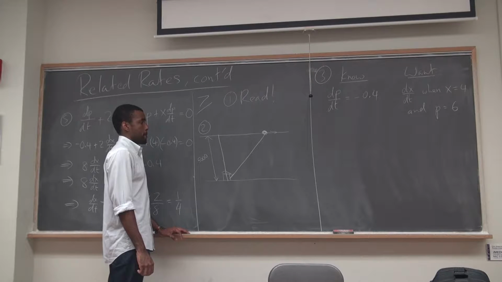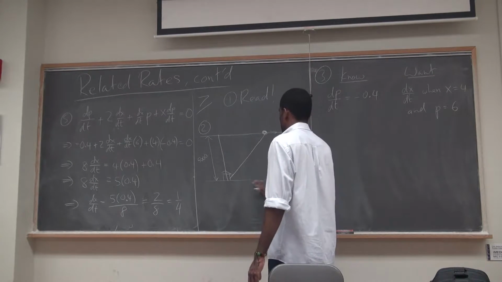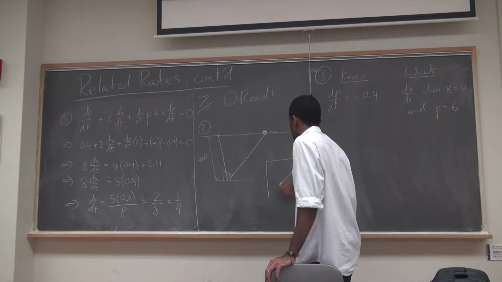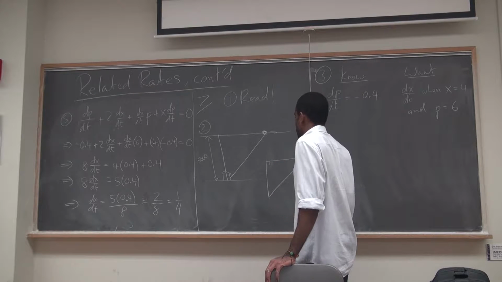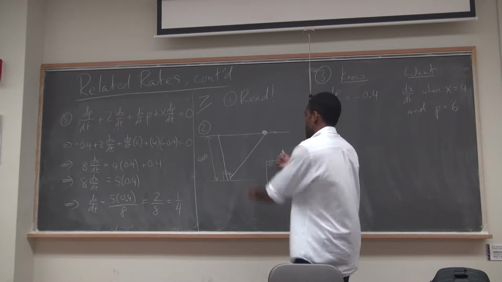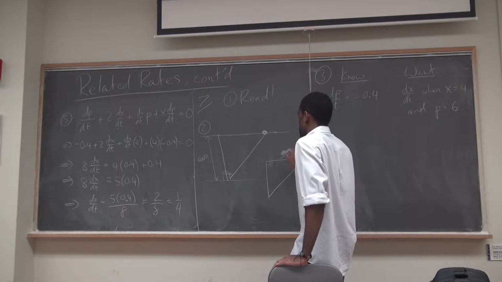I do have another triangle, this one, and that's obviously a right triangle. The horizontal leg is changing because he's moving, so this is getting longer and longer. I can call that x.